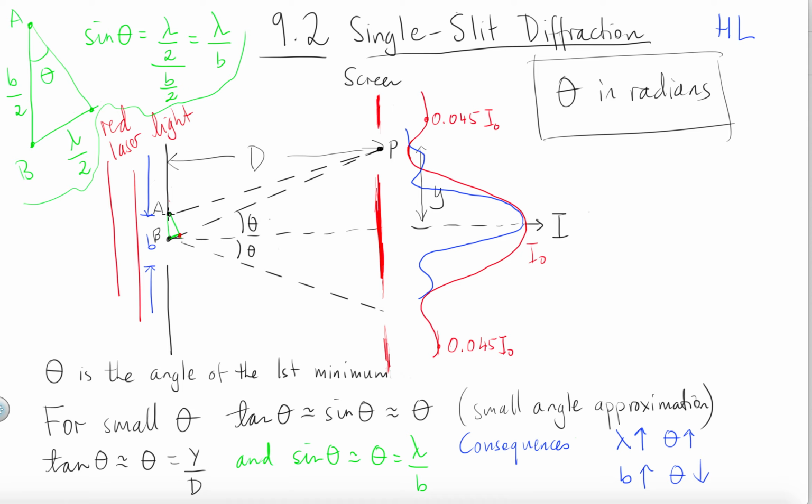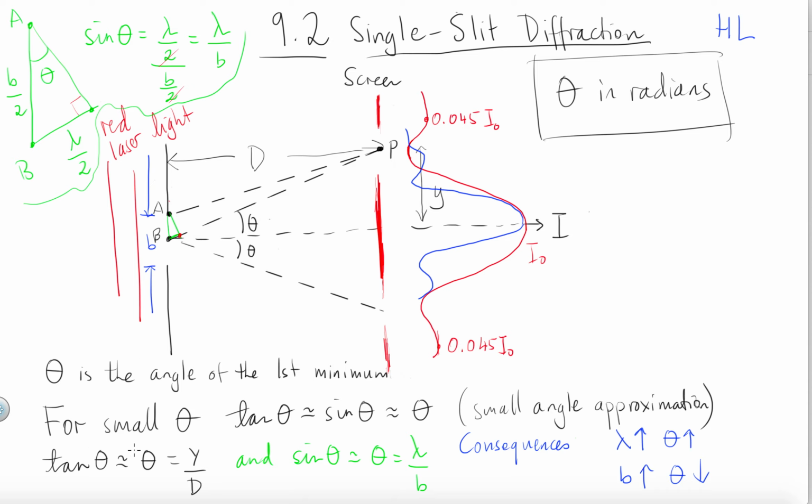This distance AB is half of the slit width b, if we assume that B is exactly in the middle. And from right angle geometry, sine theta is lambda divided by 2 divided by b divided by 2. The 2's cancel to give us that sine theta equals lambda divided by b.